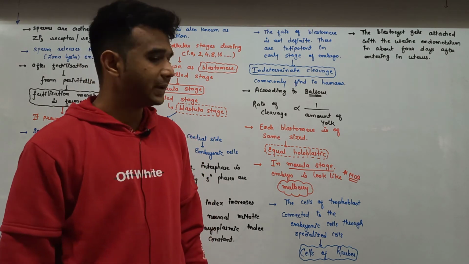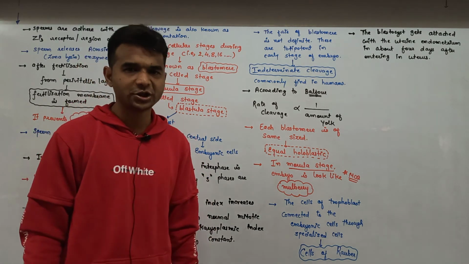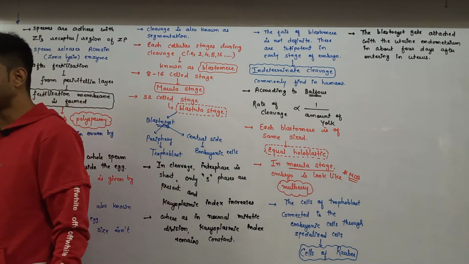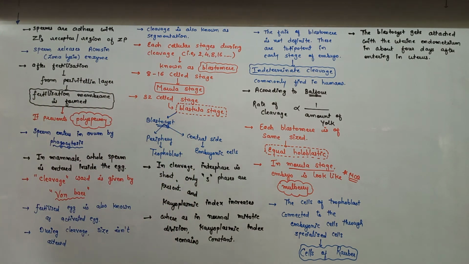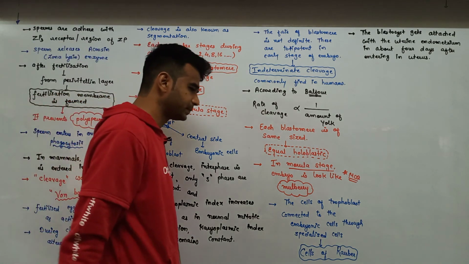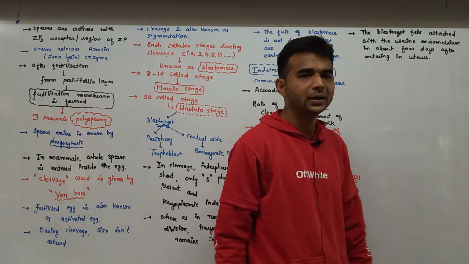But when the blastocyst reaches the uterus, the trophoblast secretes specialized enzymes, and due to that, a little bit of the endometrium is digested, and then the embryo is pushed down into the uterine wall.